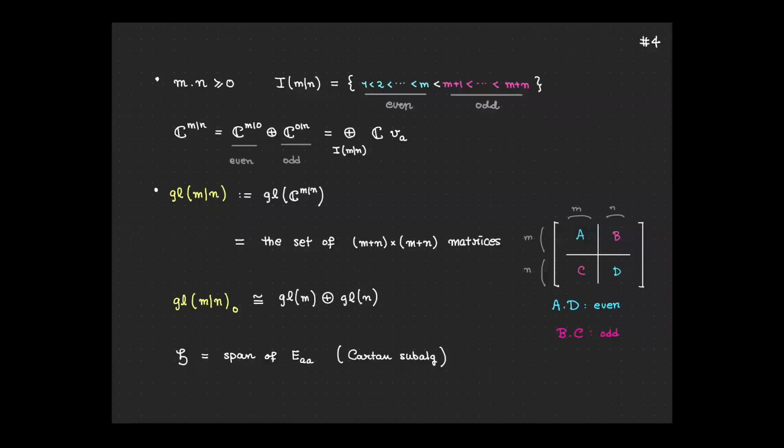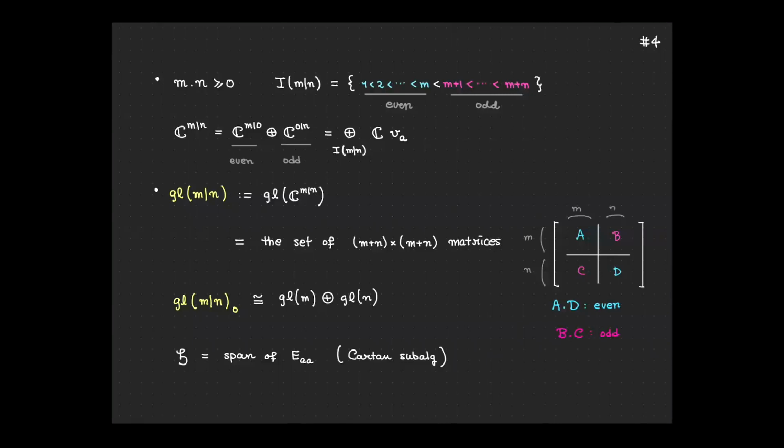So gl of this superspace, we usually denote it by gl(m|n). It is just the space of (m+n) by (m+n) matrices. And we can think of these block matrices. The diagonal m by m and n by n blocks are homogeneous of degree 0, and the other off-diagonal block elements are odd ones.